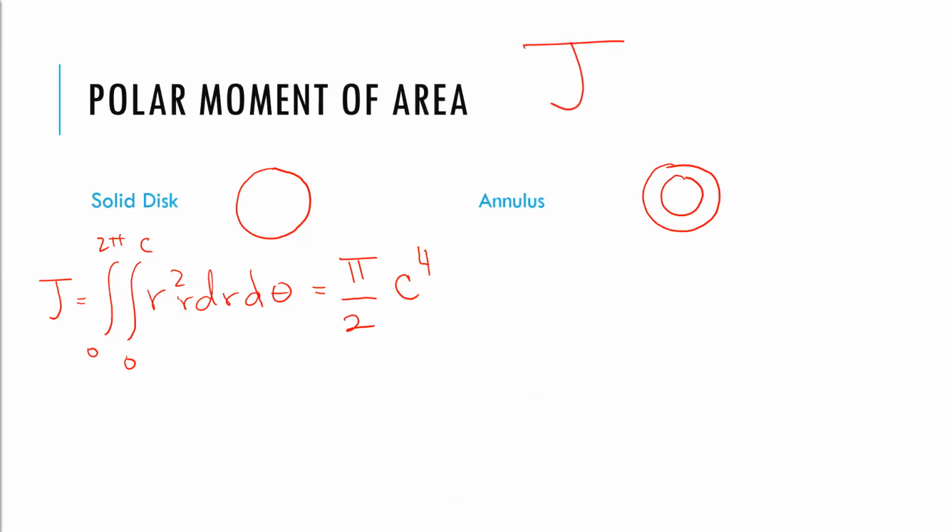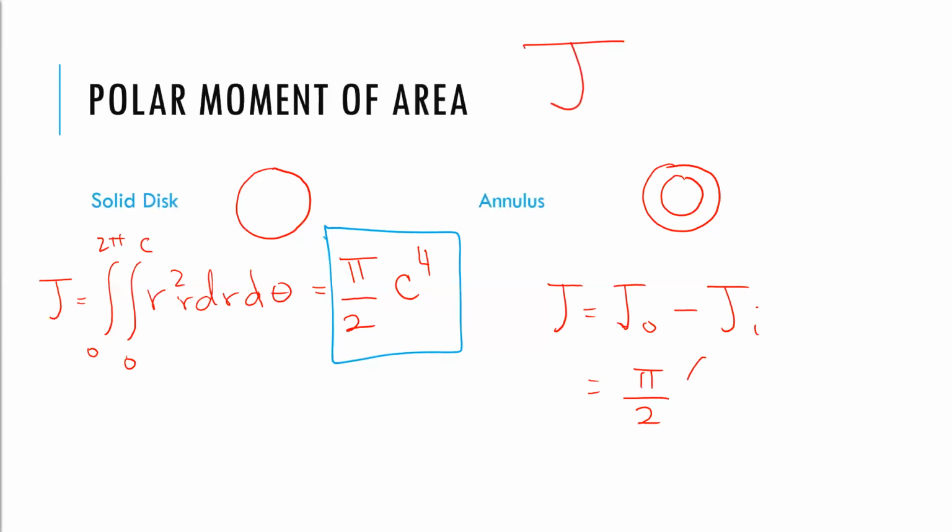That becomes the value for a solid cylinder. And if we are looking at an annulus, J is equal to the J of the outside minus the J of the inside. So that becomes pi over 2 times c outside to the 4th minus c inside to the 4th.